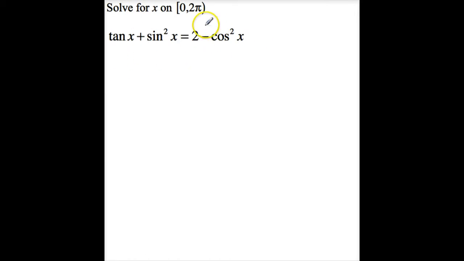Now, what if I want to solve something like this? I don't have everything in nice, neat sines and cosines. So I'm going to try and get all the x terms on one side and all the numbers on the other side. So tangent of x plus sine squared x plus cosine squared x equals 2.